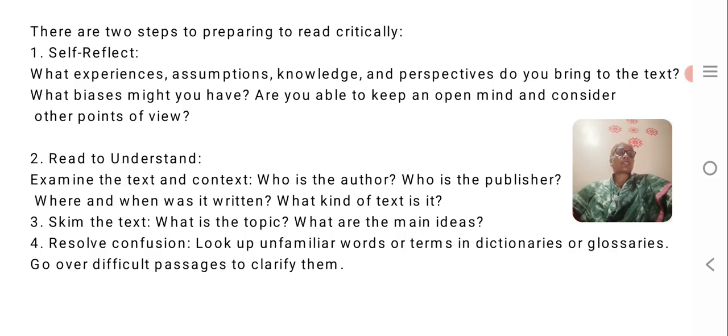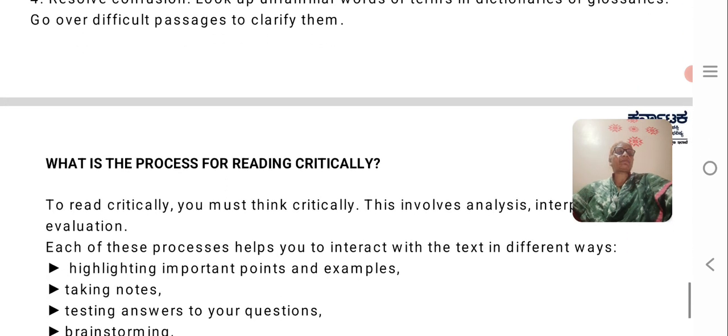You skim the text. You use this reading strategy of skimming. What is the topic? What are the main ideas? And then you try to resolve any confusions. Look up unfamiliar words or terms in dictionaries or glossaries. Go over difficult passages to clarify them.